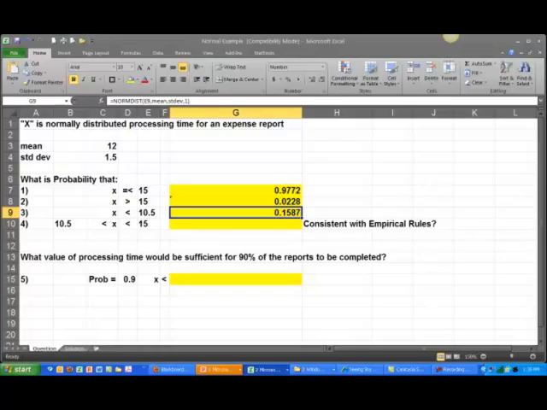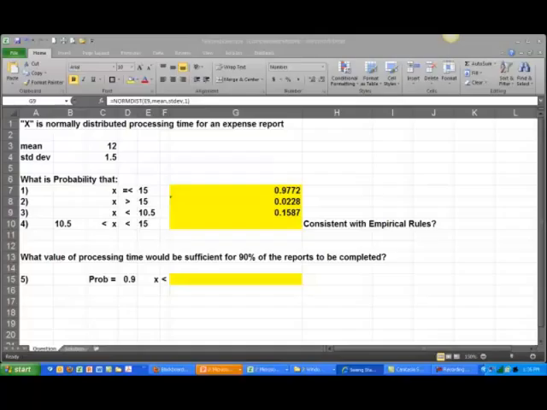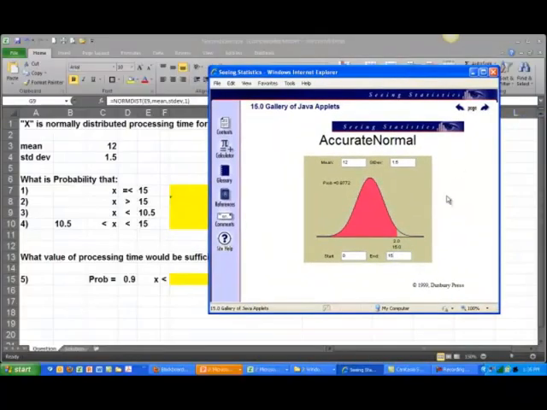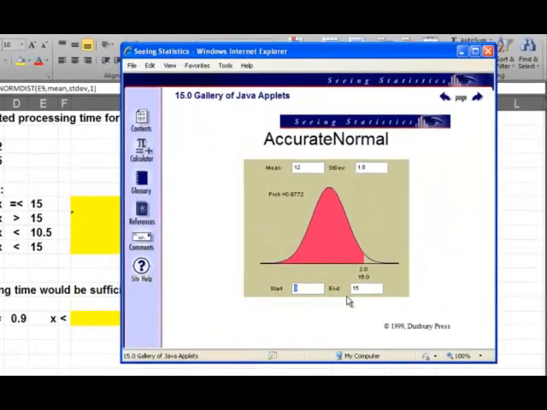And if we think about this, matter of fact, let me bring back in my applet here, and we can visually see this. Suppose I want to know the probability of being between 10 and 11. Okay, it's going to be the area of this shaded portion of this distribution. All right, and to calculate that, I would actually integrate this function between 10 and 11, and I would find the area under this curve. This is what Excel would be doing for us.